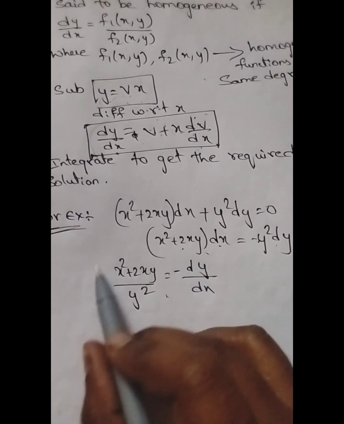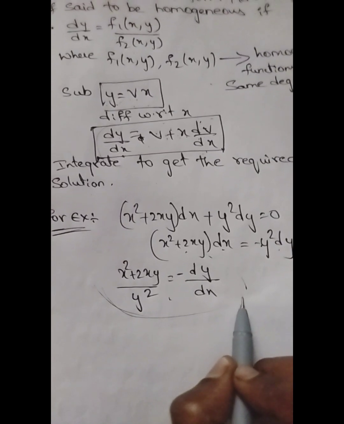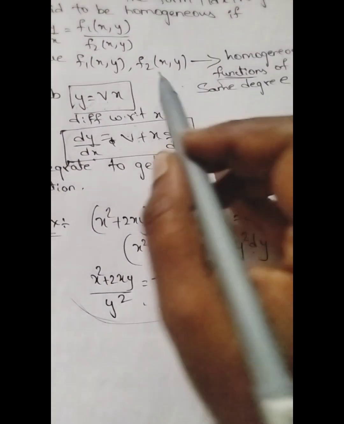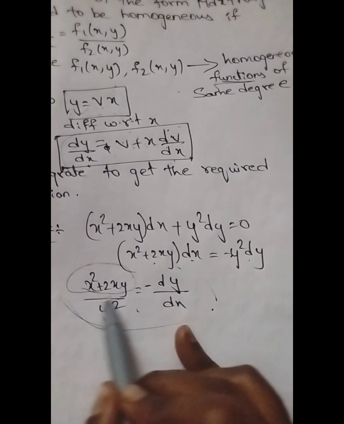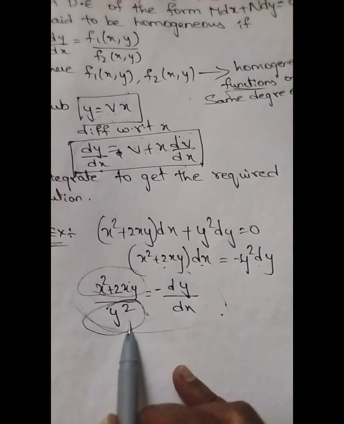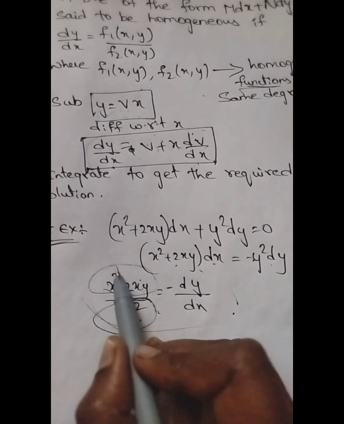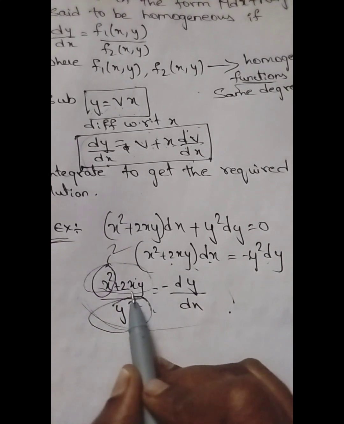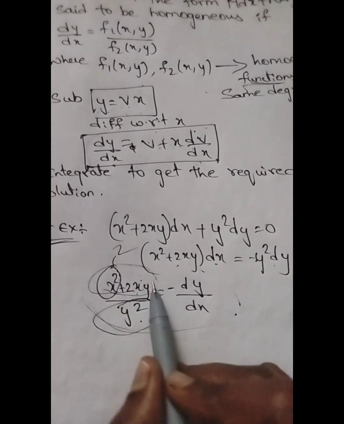Now we say this equation is a homogeneous differential equation if the functions f1 of x comma y and f2 of x comma y are of the same degree. Here the degree of x square is 2, and in the second term x into y, 1 plus 1 is 2.